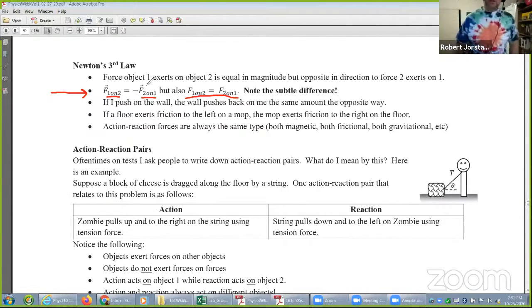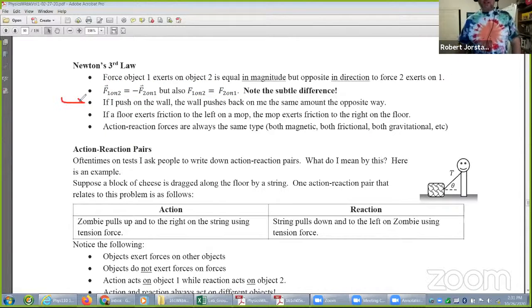If you include the vector symbol up there, we have to include the minus sign because the minus sign accounts for the direction when you have a vector, equal but opposite. So again, if you include those little vector symbols up there, you get equal and opposite. You have the minus sign. If you just talk about the magnitudes, they are equal. Everybody cool with that, I hope.